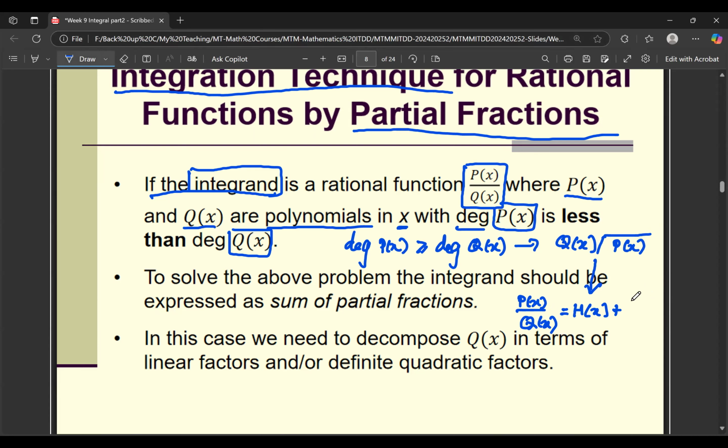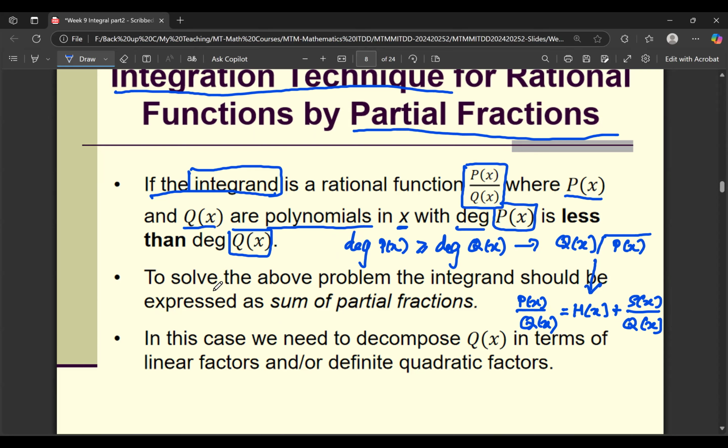This is s(x) divided by q(x). So maybe we have this condition. If the degree of p(x) is greater than or equal to the degree of q(x), we must divide first.